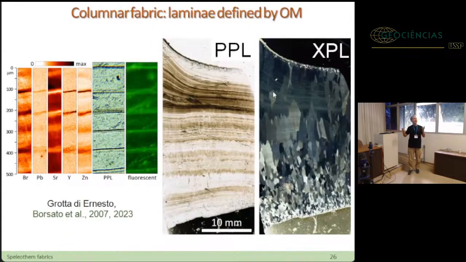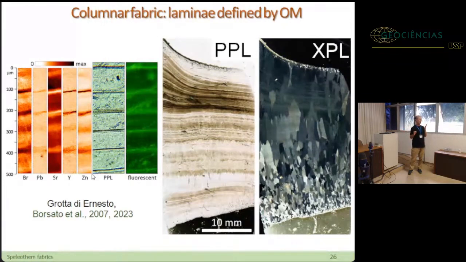Then we can add ingredients to our recipe and see what happens. So one of the ingredients is organic matter, and when we have a lot of organic matter, especially during pulses or flashes of organics from the soil, or during seasonal changes in the redox condition in the aquifer, we can have the formation of organic laminae.